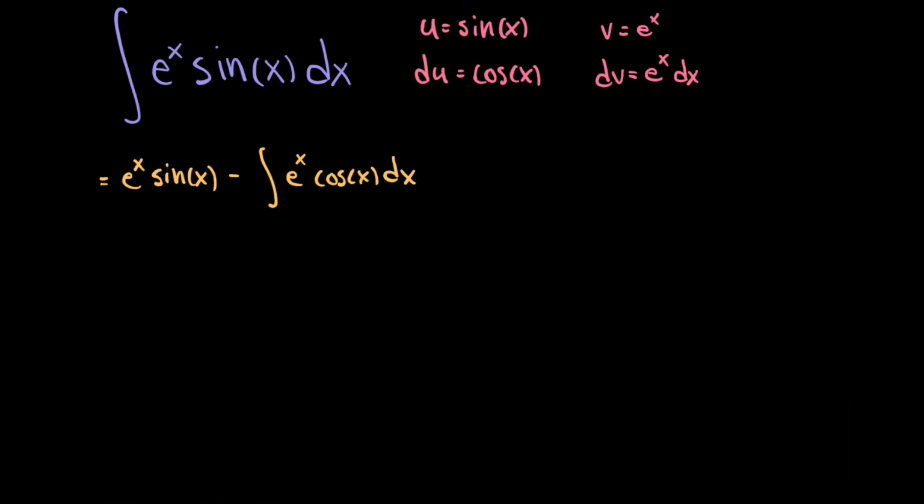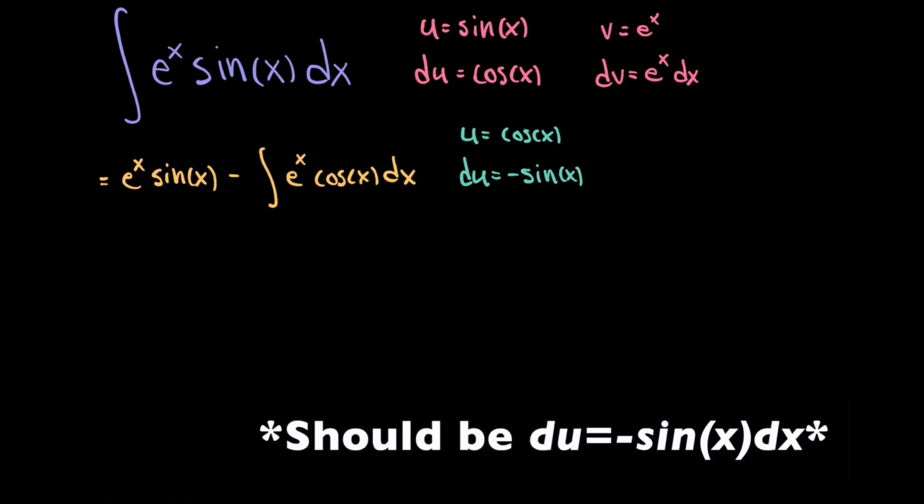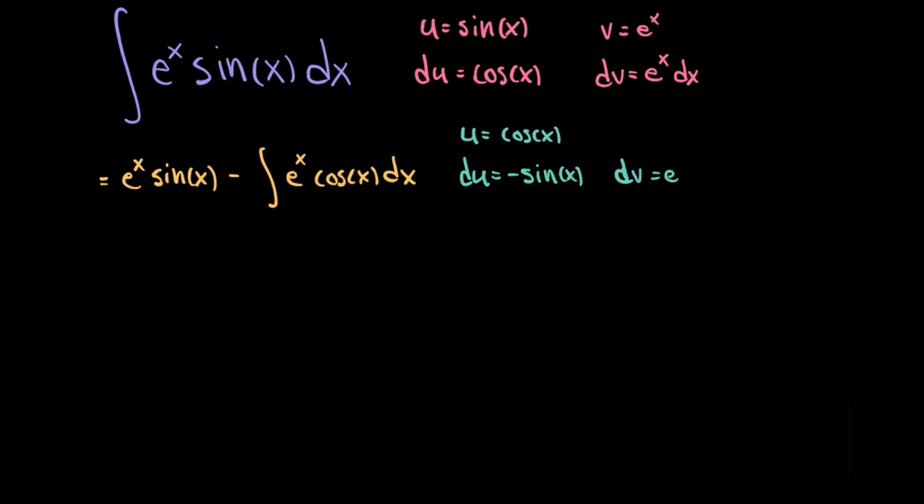So once again, cosine x will be our u value by the ILATE acronym. And the derivative of cosine is just negative sine x. And again, we have that dv is equal to e to the x dx, so v is equal to e to the x. All right, so let's use integration by parts.